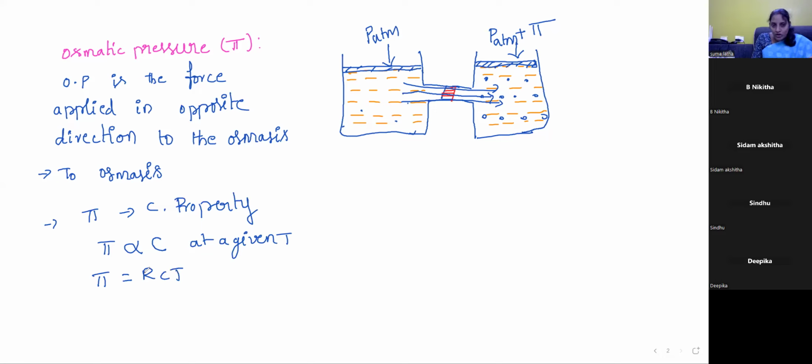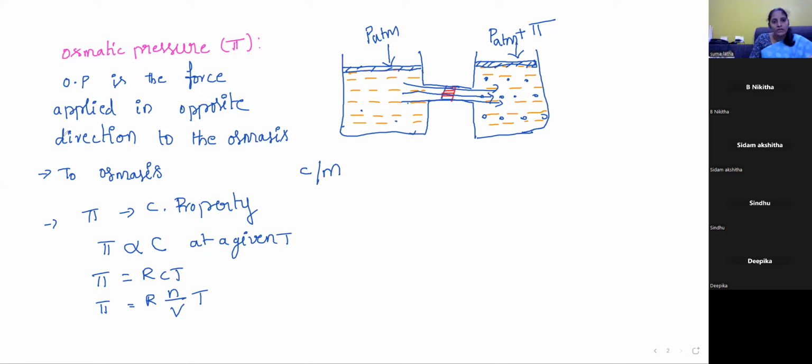See, I already mentioned at a given temperature. So, you should mention here temperature. And pi equals R n by V T. What I told you, concentration of a solution at a given temperature. Here, for concentration you can use C, and it is molarity, not molality.